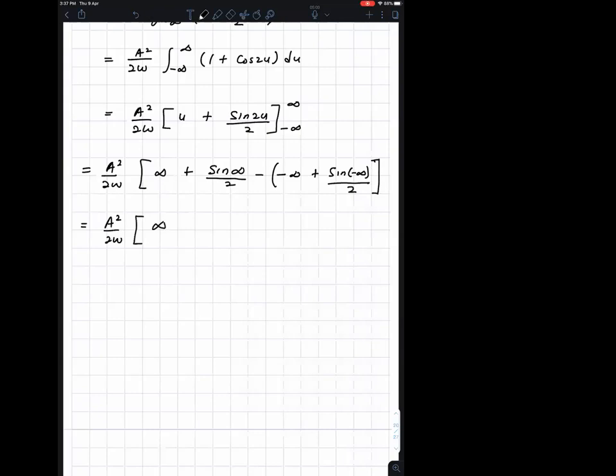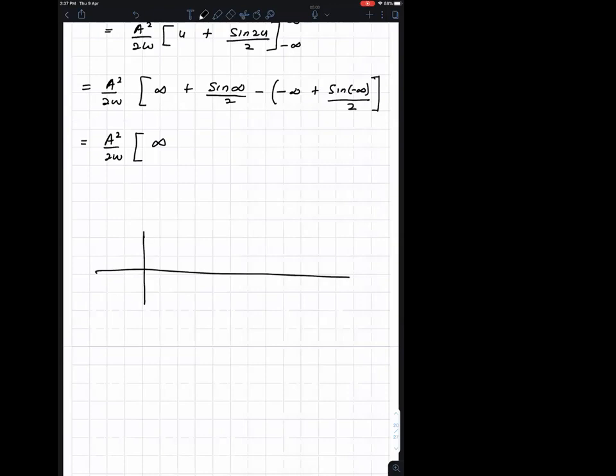What is sine infinity? Sine is going to keep oscillating as u goes to infinity. Let's say this is u, then sine oscillates from -1 to +1 as u goes to infinity, right? It's a bounded signal.